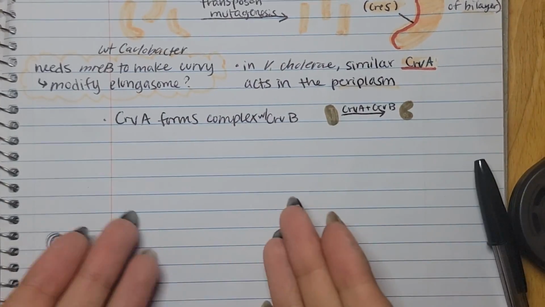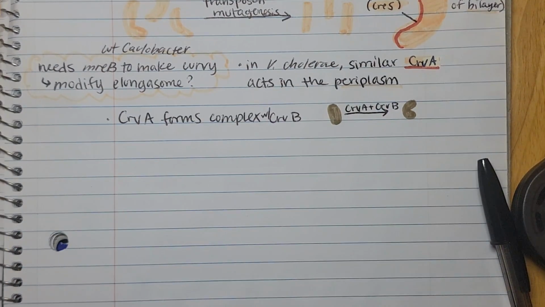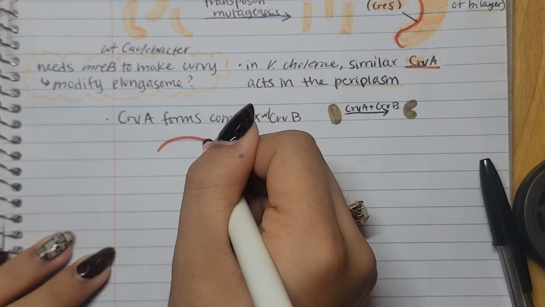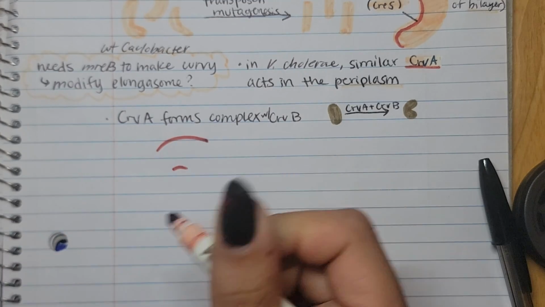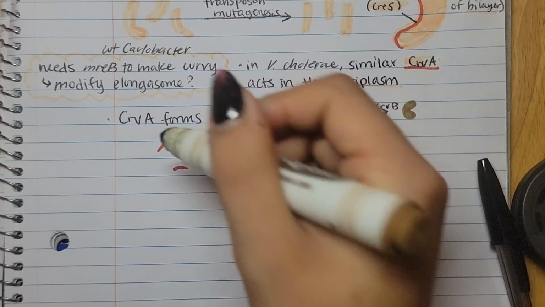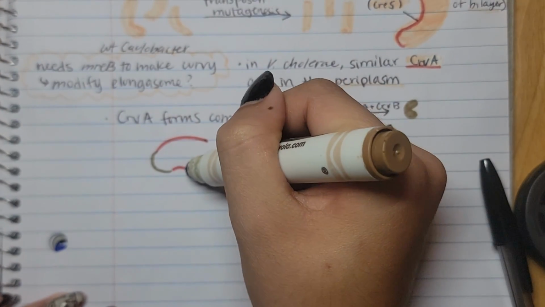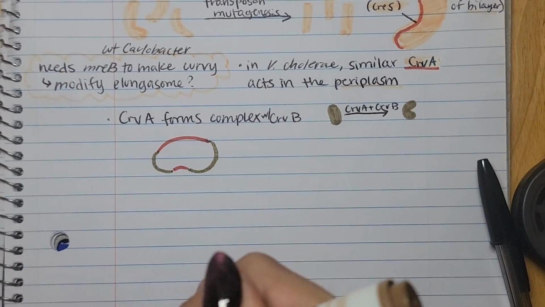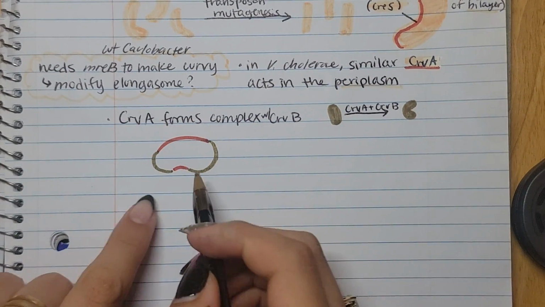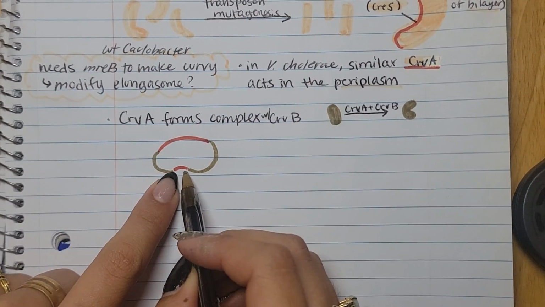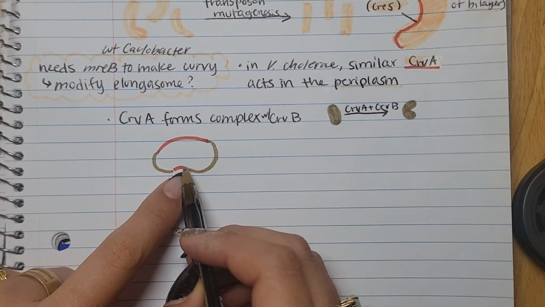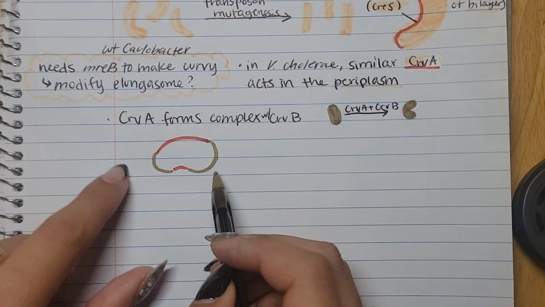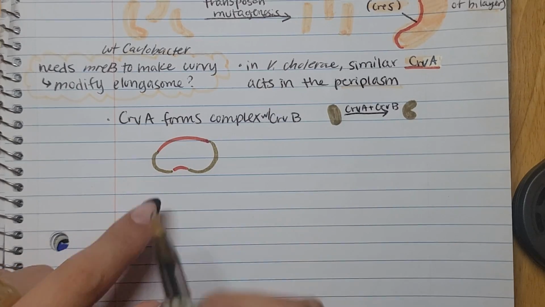So how does this work? How do they make it curvy? So researchers did the same thing they did before, where they use two different colors to label the cell wall, and they saw that the inner curve divided less than the outer curve, which causes this rounded bean-shaped phenotype.